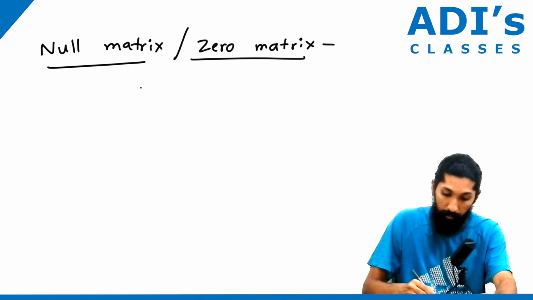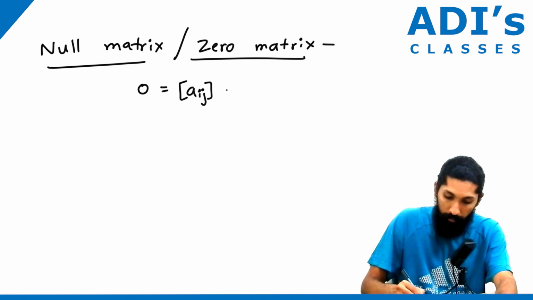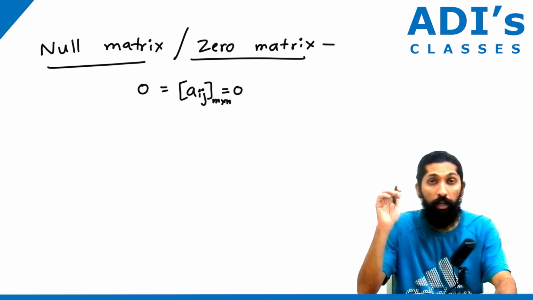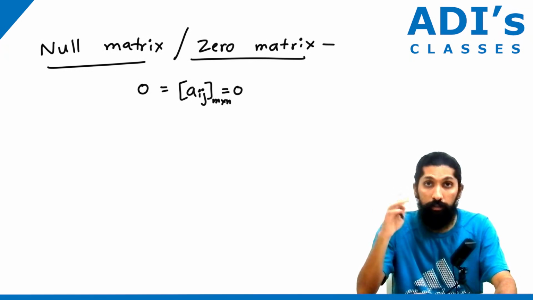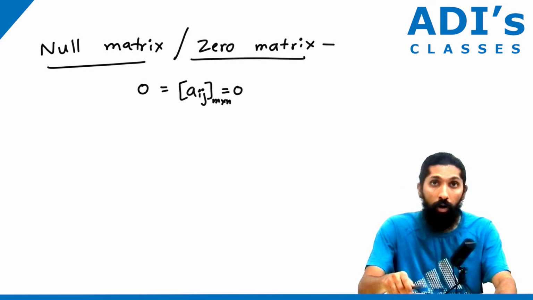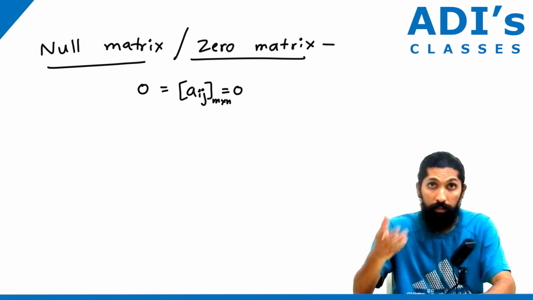Generally it's represented by O. So this is Aij equal to 0, M cross N. Take any size. If every element of the matrix is 0, then we call that a null matrix or zero matrix. So understand these are the types of matrices that you have.